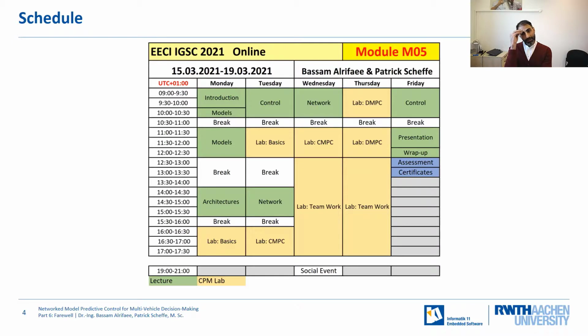On Thursday, yesterday, you were working really hard to get the code running in the lab. And today I continued explaining the optimization, and we enjoyed your presentations, and now we are getting close to the farewell.